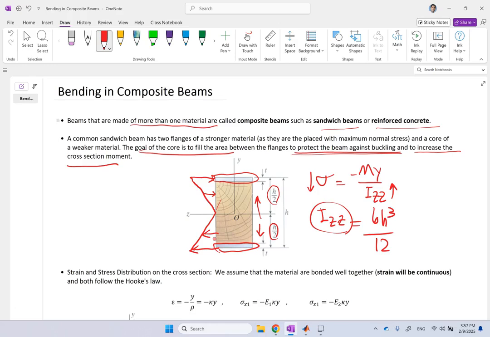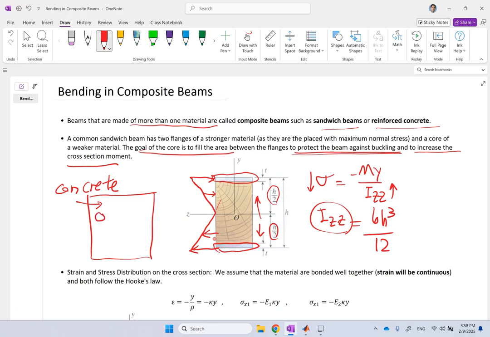Or for instance, reinforced concrete, where you have these blocks of concrete here. So this is concrete. And as you know, concrete is really good against compression. But when it comes to tension, if a column of concrete is undergoing some tension, it is not really good and it starts forming cracks and failing.